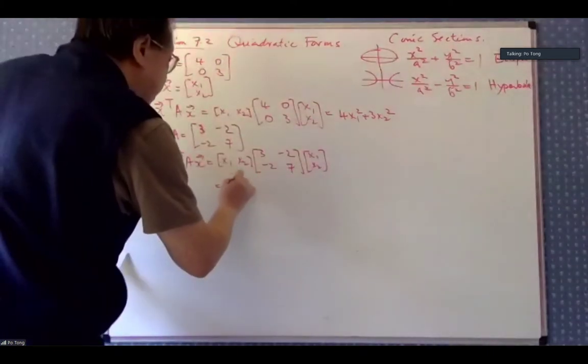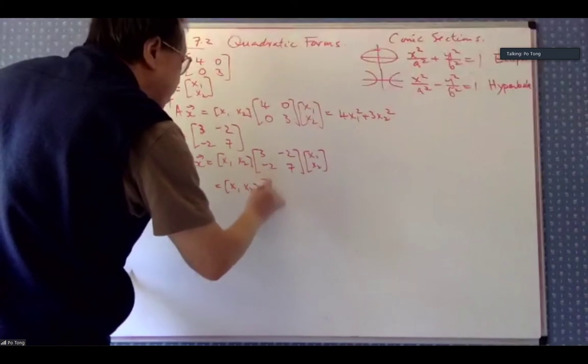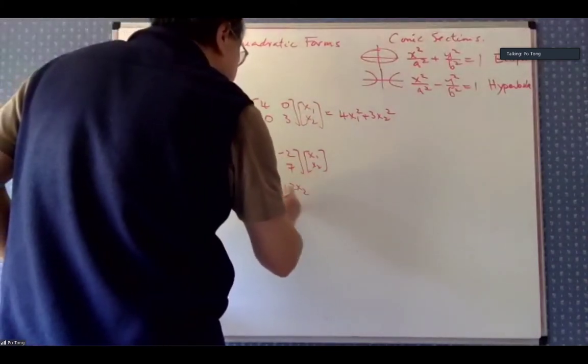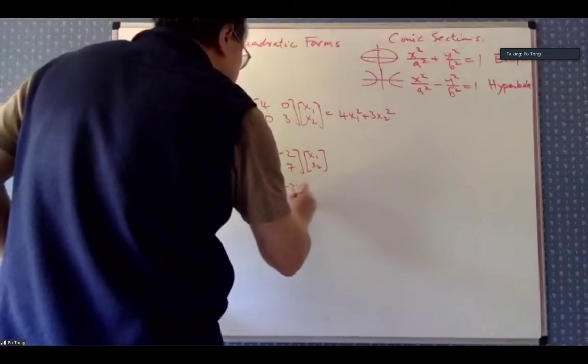This will become x1, x2 times (3x1 minus 2x2) and (minus 2x1 plus 7x2).